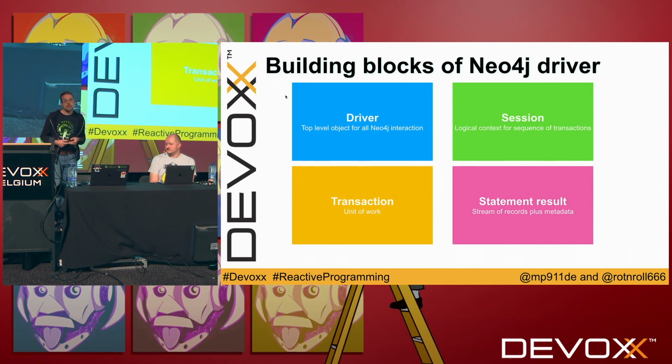So we've seen a lot about how JDBC works, how to deal with raw JDBC connections. Now you have to endure this with the Neo4j Java driver. All the drivers we offer for several languages have the same building blocks. The building blocks we have here in blue on the left is the driver itself. The driver does connection pooling internally for you.